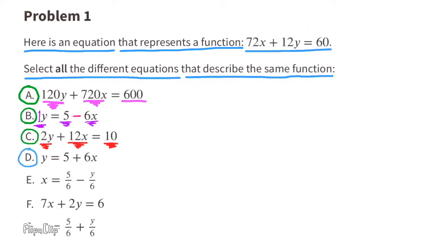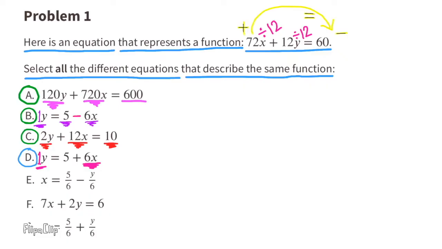D. y equals 5 plus 6x. Let's look at the y term on the left-hand side of the equal sign. It started out as a 12y and then became a 1y. So that's 12 times smaller. So 12y divided by 12 equals 1y. Now let's look at the x term. The x term actually went from the left-hand side of the equation to the right-hand side of the equation. 72x divided by 12 equals 6x.